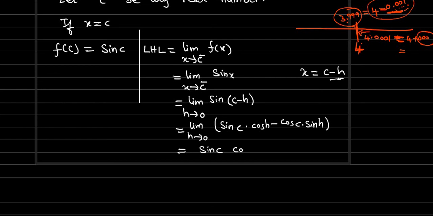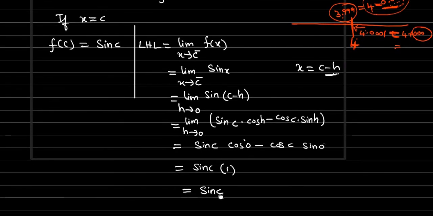Wherever we have h, we replace it with 0. Then cos c and sin 0. Sin 0 value is 0, right? 0 gets multiplied with cos c, so the second complete term itself becomes 0. Cos 0 value is 1. With 1, if anything is multiplied, we get the same value only. So sin c itself we got here.